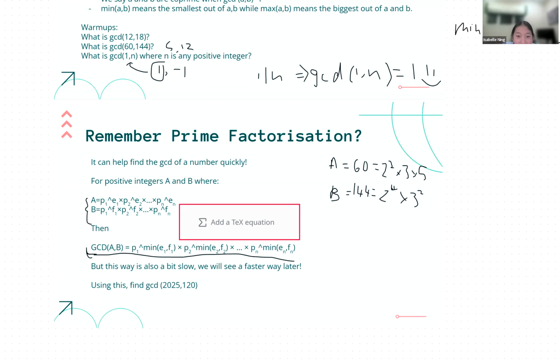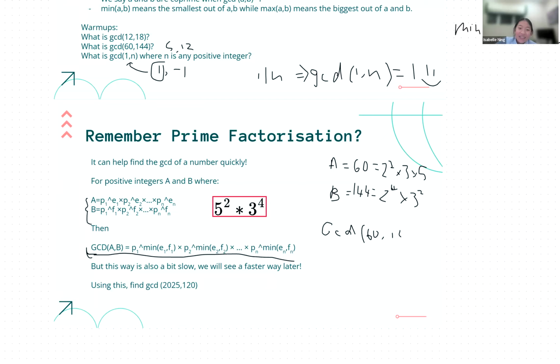Sorry, my handwriting's very bad right now because I'm writing with a mouse. Okay, GCD of 60 and 144 would equal 2 to the power of the minimum of 2 and 4. What would that be?